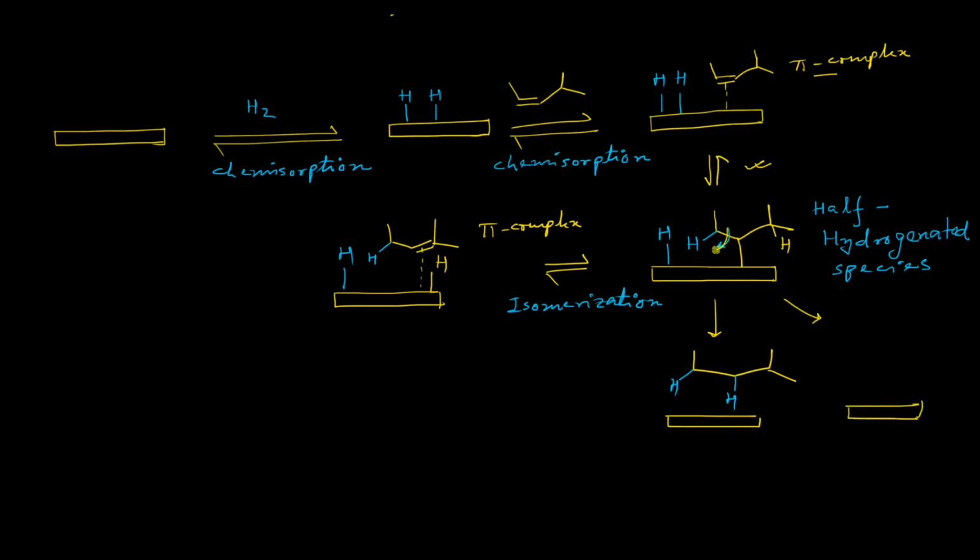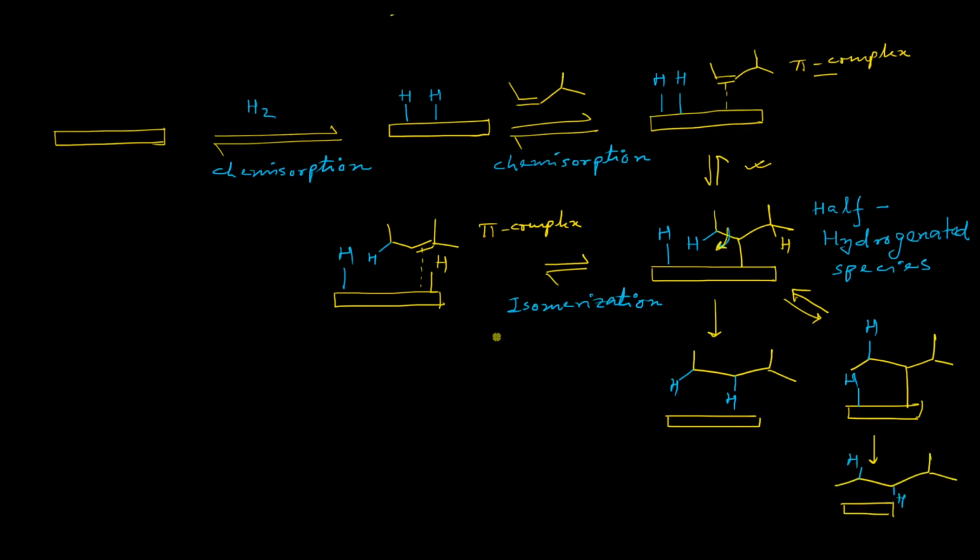If this particular single bond rotates, then after rotation, the conformation will look like this, and then this step will be reversible, and then this particular hydrogen atom will attach with this carbon center, and we will get the trans hydrogenated product like this.